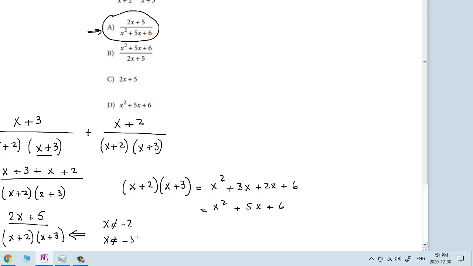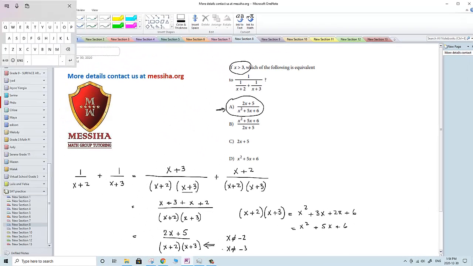So to make sure that we pass this restriction in peace, that's why they said if x is greater than 3, which is great because I have a restriction of negative 2 and negative 3. So this confirms that I am on the right path.